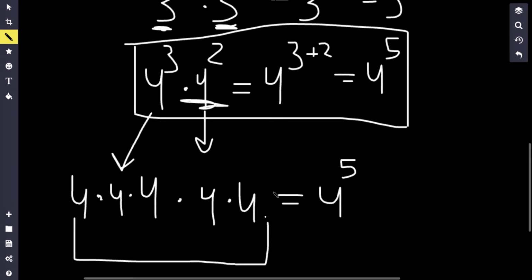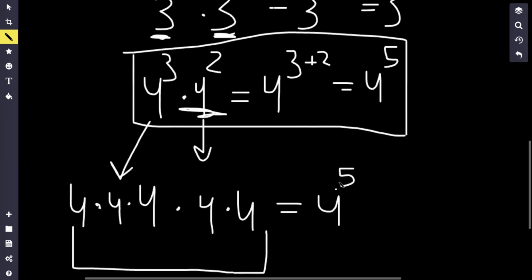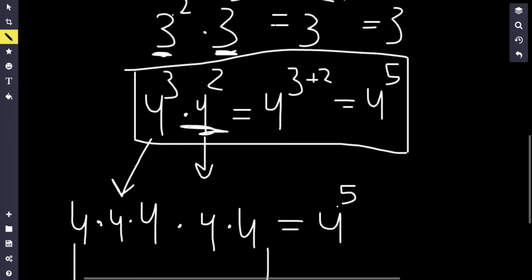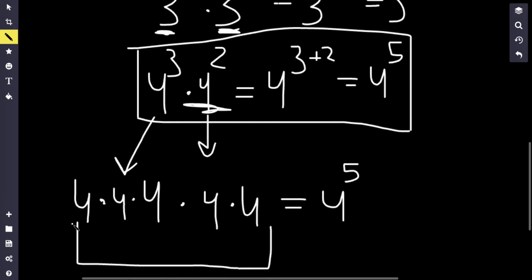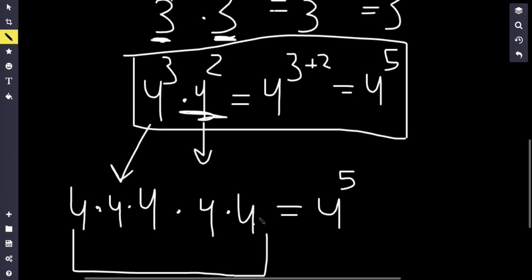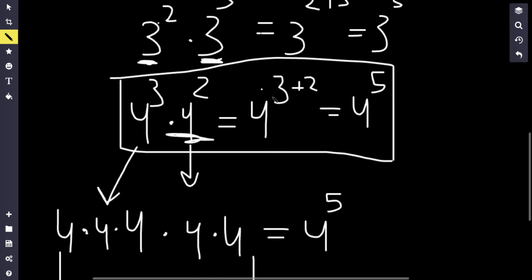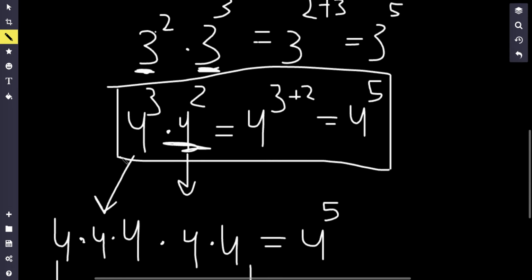So that's why the product rule works. You can break these down into individual parts, and ultimately, when you multiply them out, it's equal to just adding the exponents together. So keep the same base, add the exponents.